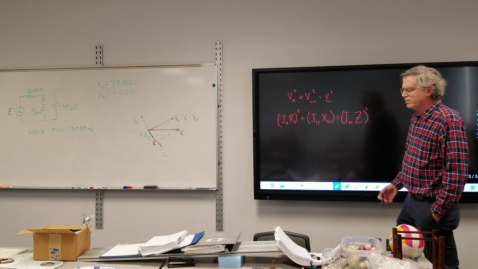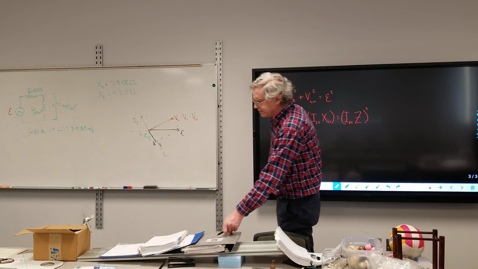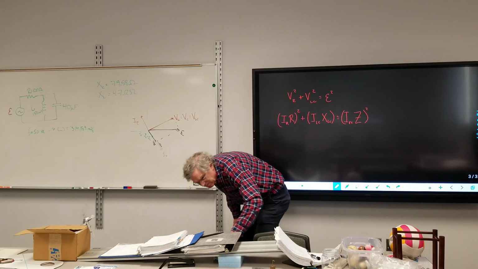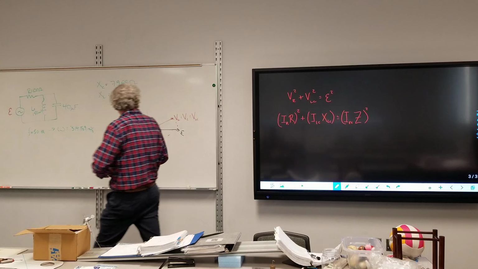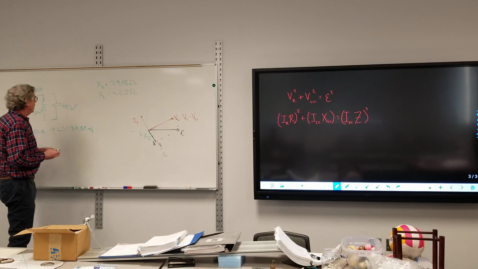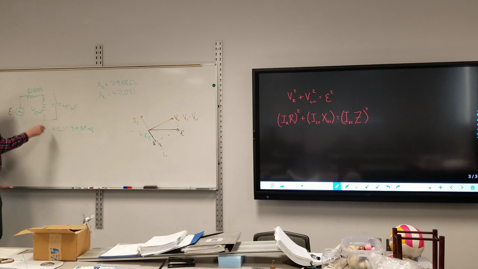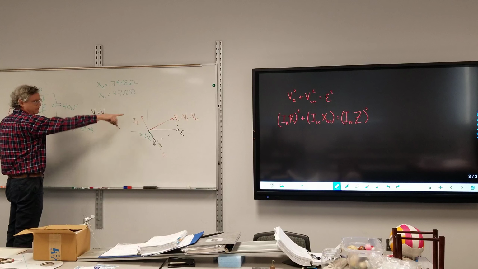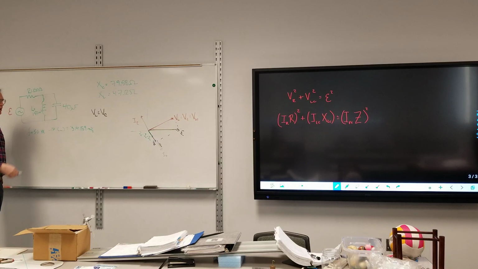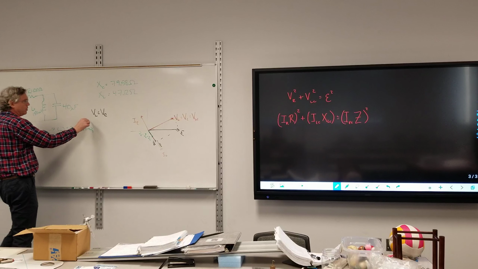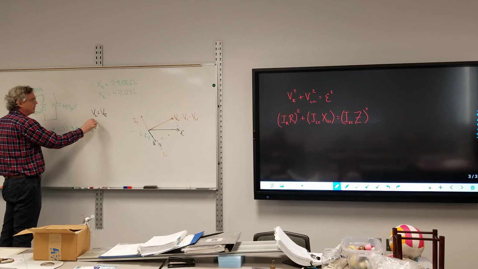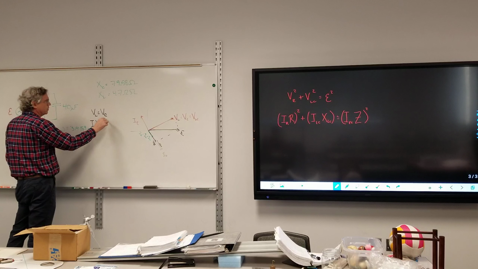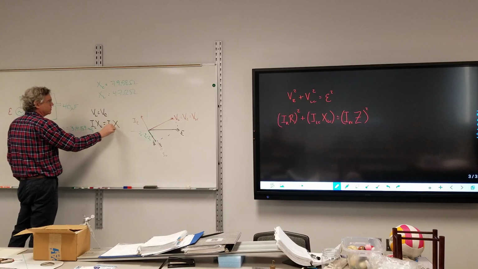All right, so let's try to figure out what we know. I know that VL equals VC, as indicated over there. I know the voltage across L has got to be the current going across L times X sub L, and that has to be equal to IC XC.